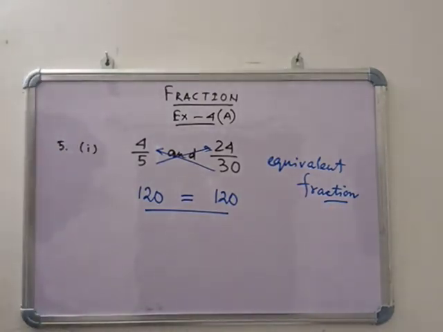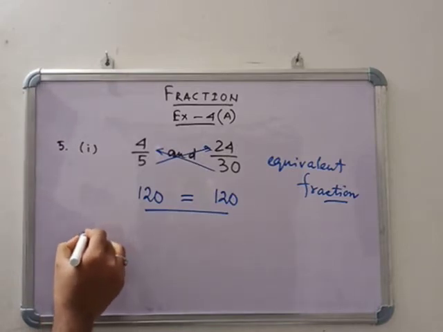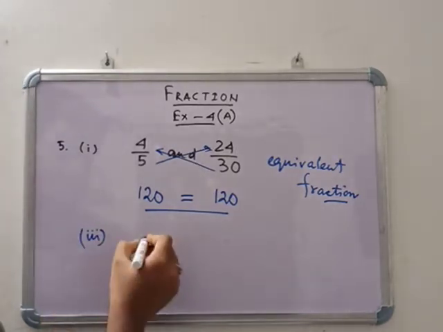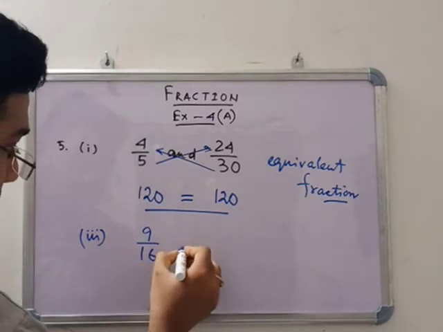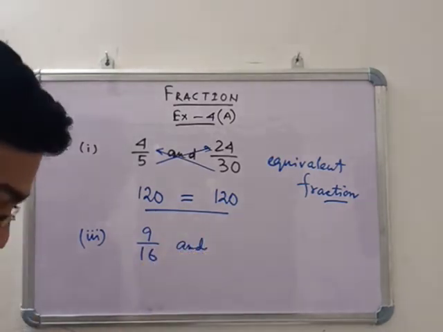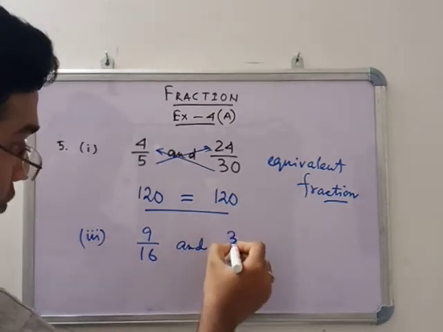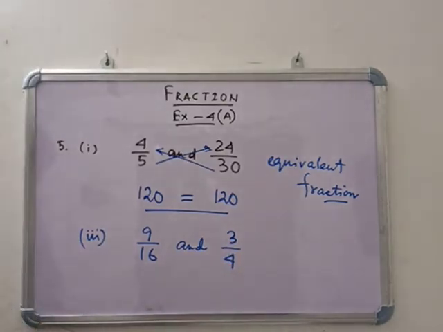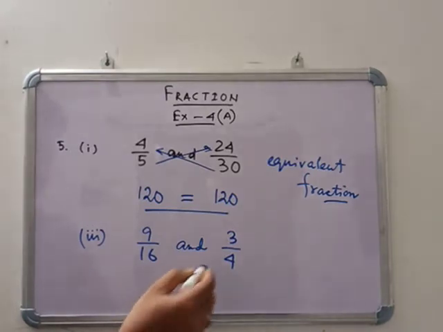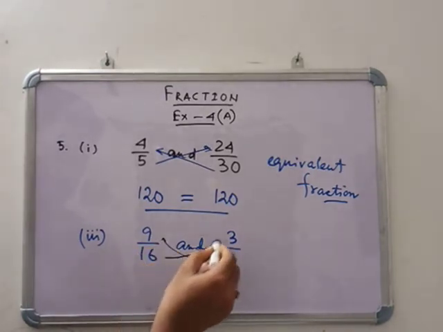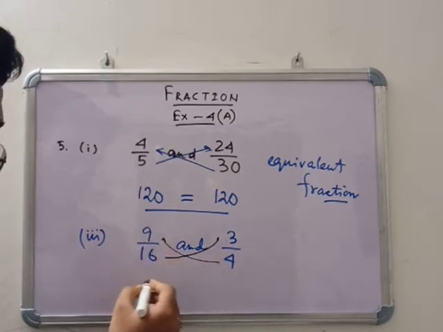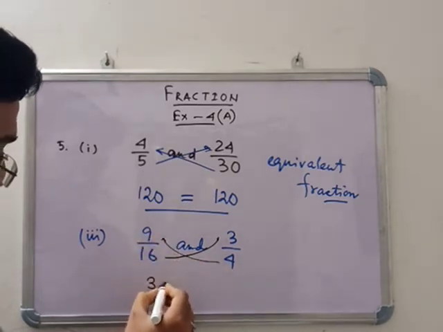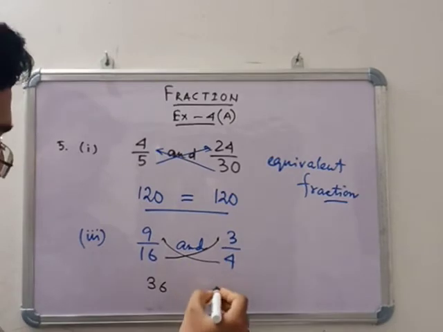Now, in the next one, in 5a3, 9 by 16 and 3 by 4. Okay. So now, if we multiply crossly, then we get 9 into 4, this is 36, and 16 into 3, this is 48.